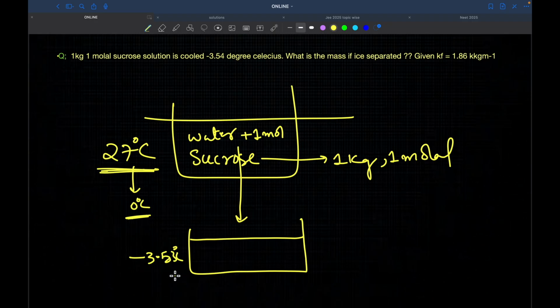So that ice has to be calculated at this temperature, right? You can solve it in 2 steps. First of all, you have to solve for the weight of the sucrose. Second, you have to solve for W1 for the sucrose.